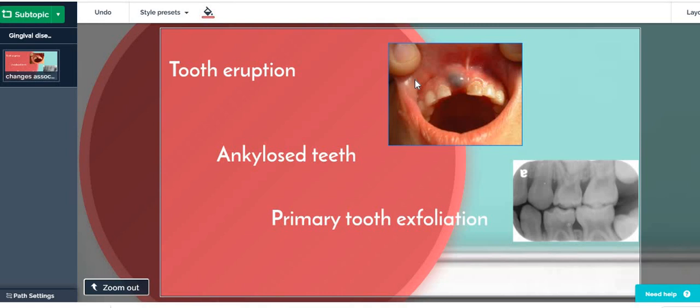Ankylosis of primary first molars often resolves spontaneously as the succeeding premolars erupt. However, a significant number of ankylosed second primary molars will prevent the eruption of the underlying premolar and should be managed appropriately before the completion of full development of the premolars.